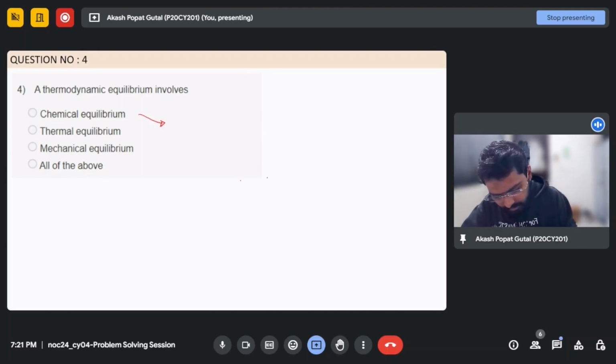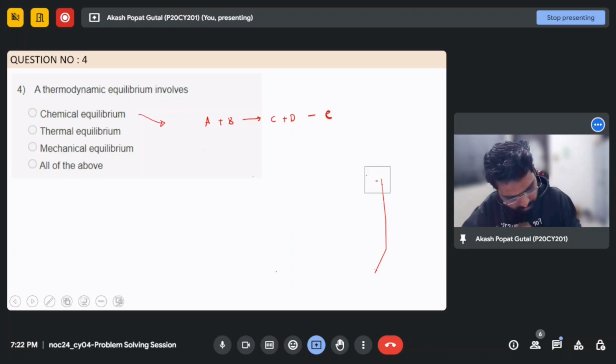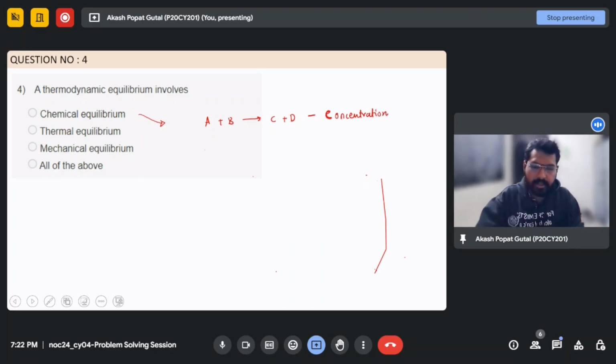Chemical equilibrium gives you, suppose there is a reaction A plus B giving rise to C plus D. Suppose the observable for A, B, C, D is their concentration, and suppose this observable concentration does not change with the passage of time for all of them.